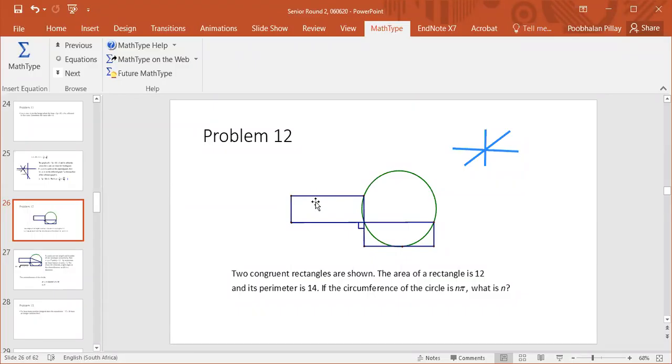The formula for the perimeter is 2 into length plus breadth, so 2 into x plus y, because x plus y gives you half the perimeter. So you got another equation, 2 times x plus y is 14, which says that x plus y is 7. So that gives you two equations.